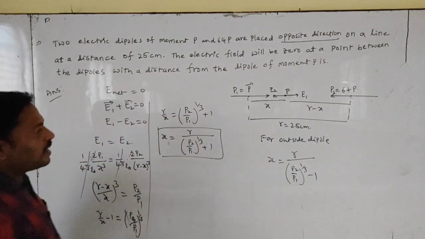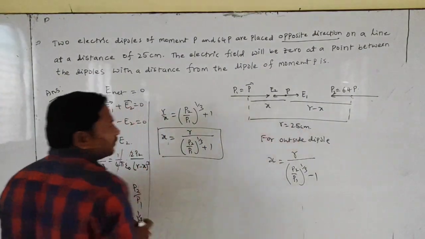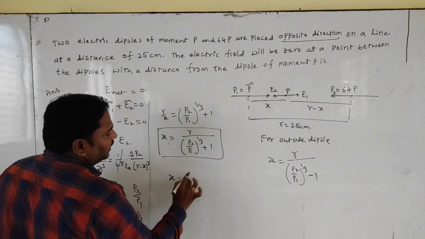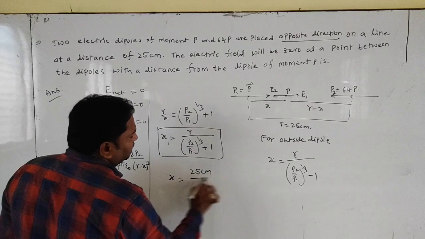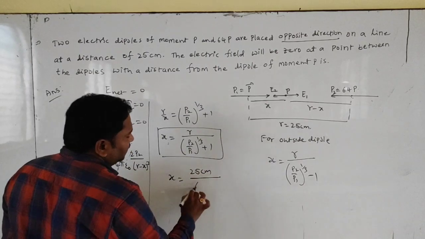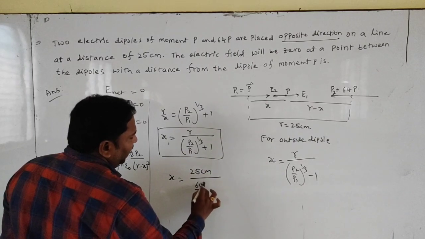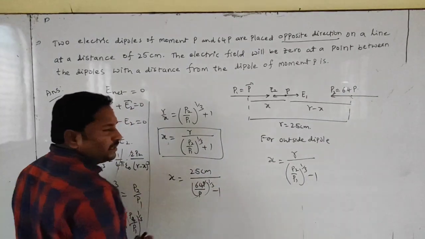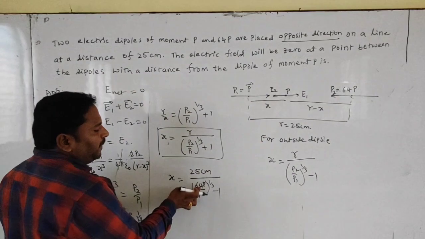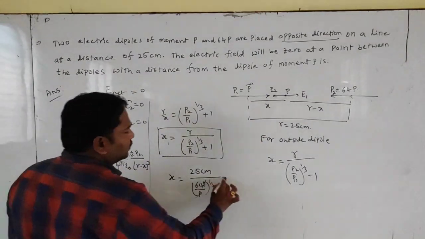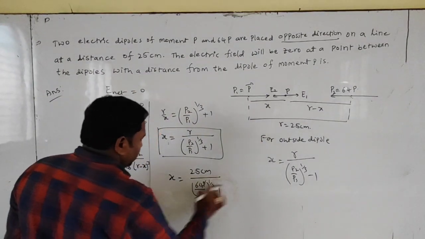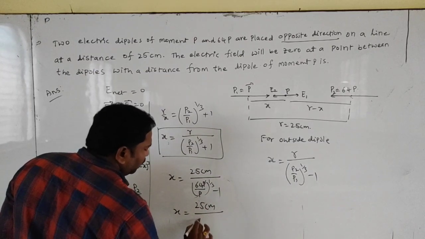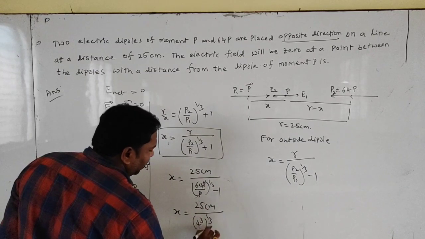Now here r is equal to how much? r equals 25. Now x equals 25 centimeters divided by ((64p by p) whole power 1 by 3 minus 1). p cancels. 64 means 4 cube. So x equals 25 centimeters by ((4 cube) whole power 1 by 3 minus 1).